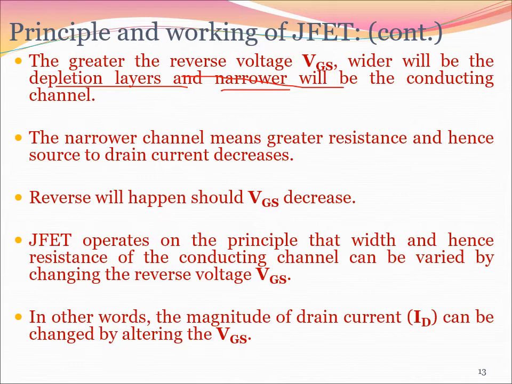A narrow channel means greater resistance, and hence the source to drain current will decrease. The reverse will happen should VGS decrease. That means if you keep on decreasing the gate to source voltage, the thickness of these depletion layers will start decreasing, and obviously now more current can flow.